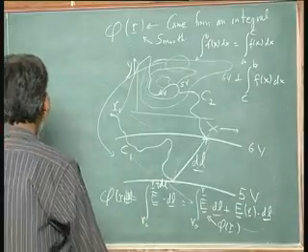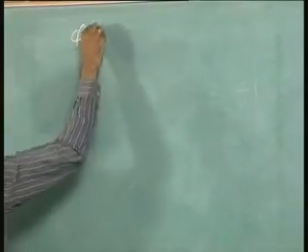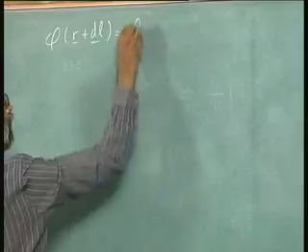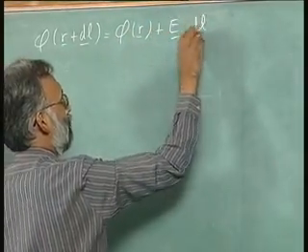So if we write it out now, we have an equation that says phi of r plus dl is equal to phi of r plus E dot dl.